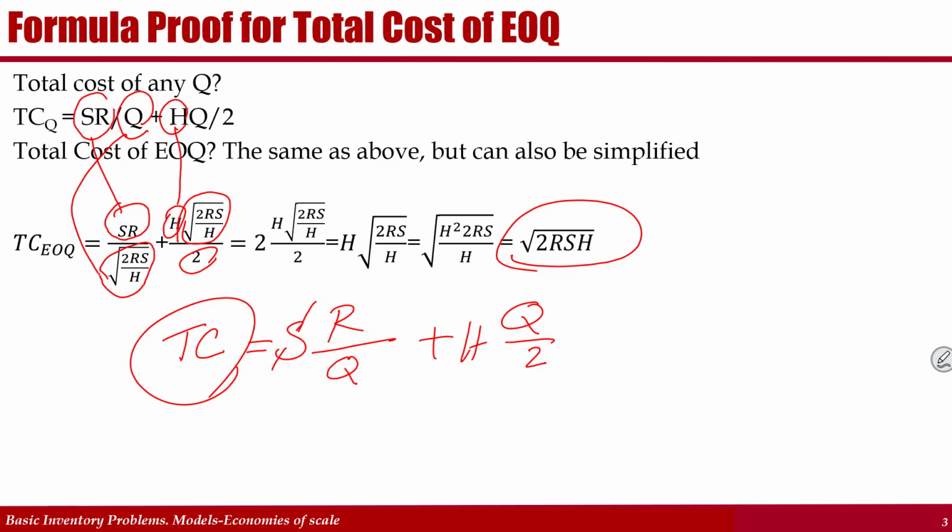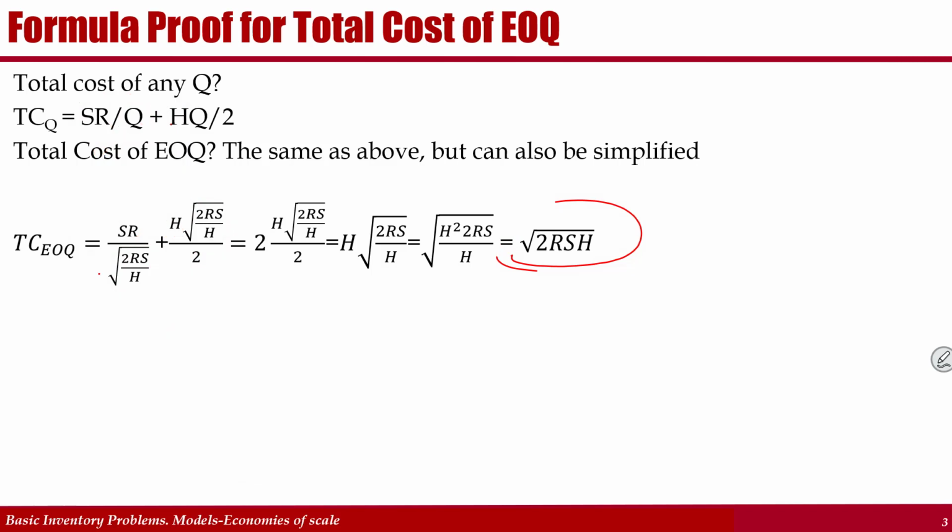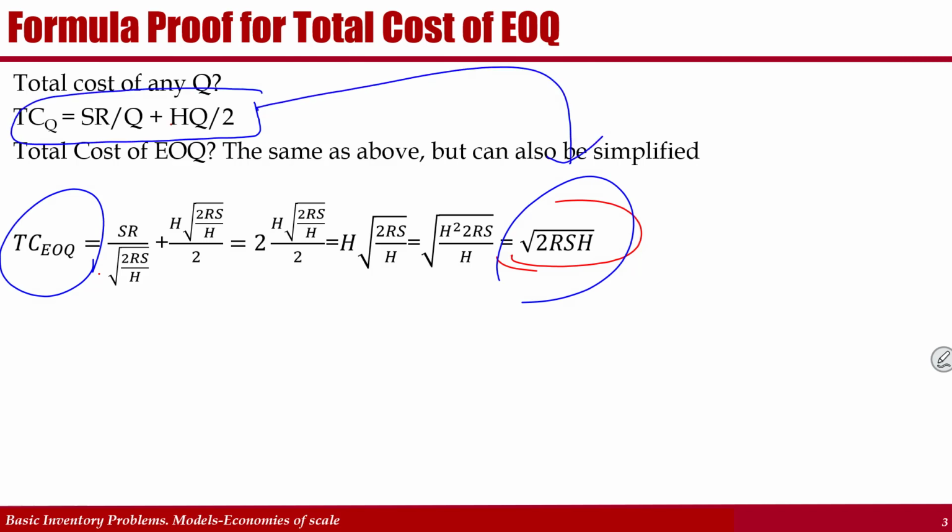But if I am specifically talking about EOQ, I can also write TC of EOQ is equal to everything under the square root. You can do this proof yourself. You can go from here to here for EOQ.